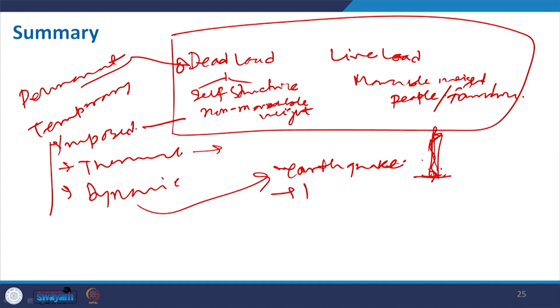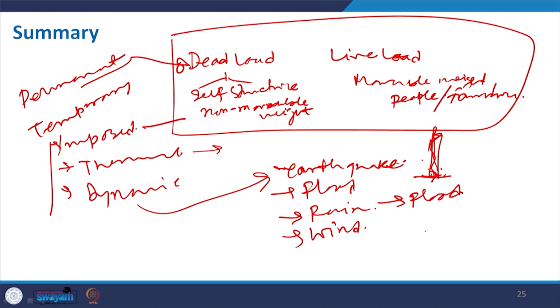Then it may be due to flood, unprecedented rain causing flood. Then wind is very vital, especially for buildings we construct near the coastal area, where wind pressure is considerably high, or for high rises. In wind and earthquake, in both cases the problem is with the high rise.